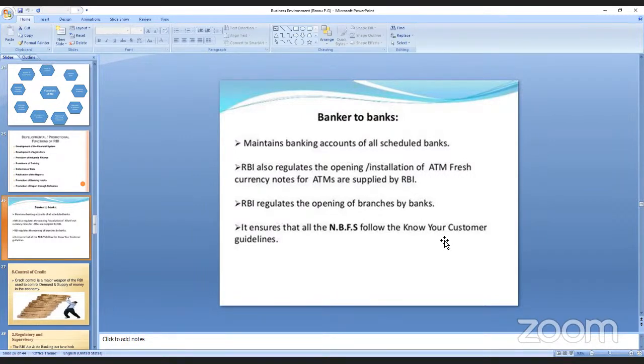Is it clear? Yes. Every day they will have the transaction with the repo. Repo means, suppose you are taking loans from another RBI branch, so they will be charging interest. Even if tomorrow is Saturday and they want the money, they lend the money.